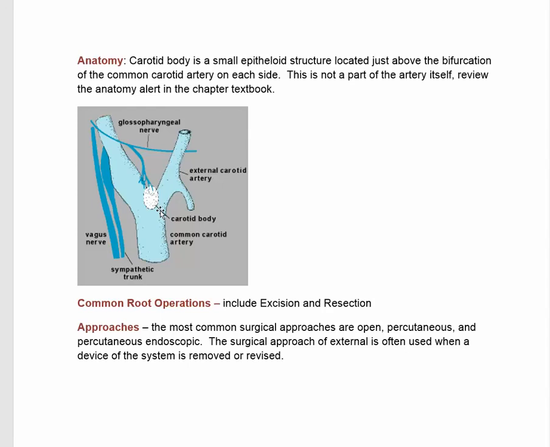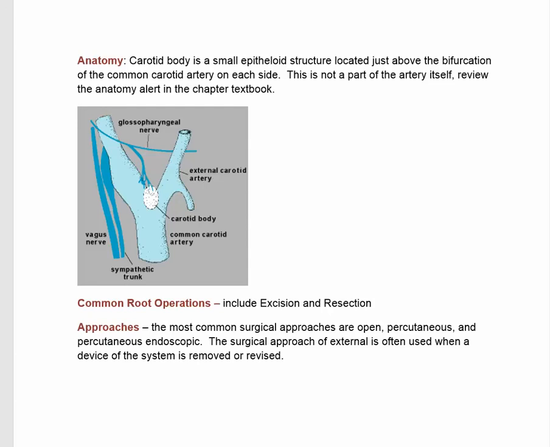For the endocrine system, common root operations include excision and resection. So again, as an example, if a patient is having a right thyroid lobe biopsy, that would be equated to the root operation of excision, because a biopsy by definition is taking out a small piece of a body part. And anatomically also, the right and left thyroid lobes are considered two distinct body parts in ICD-10-PCS.